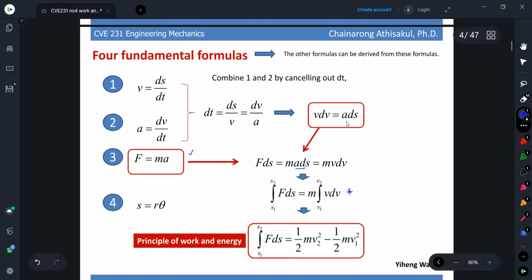After we integrate, we obtain the principle of work and energy. That is useful for problems related to force, displacement, and velocity. If our problem involves these parameters, we should consider the work and energy principle to solve it.